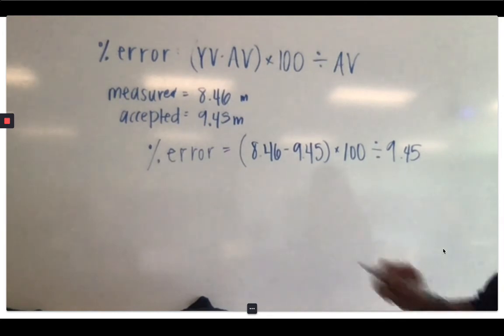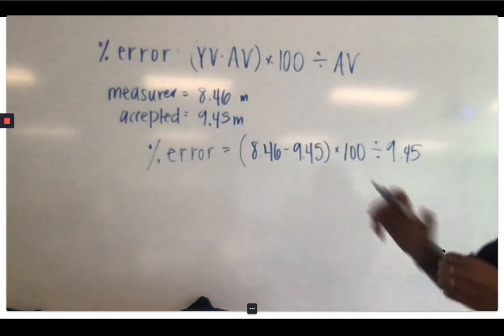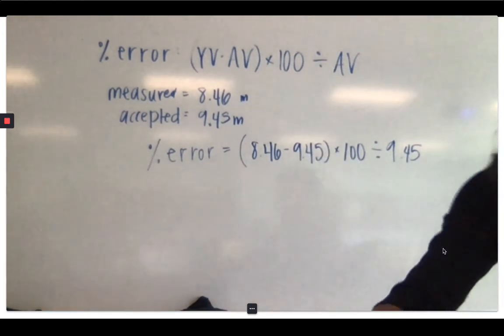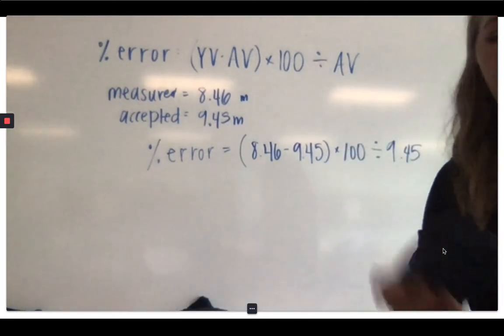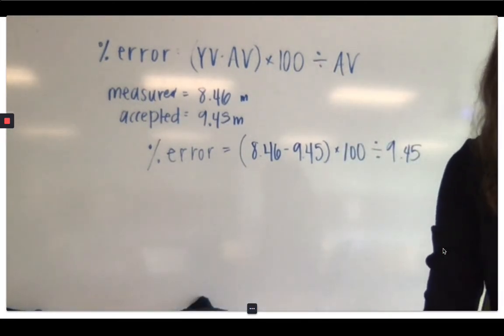So of course we're going to do the parentheses first, 8.46 minus 9.45. I don't have a calculator, so I don't know what it is. Hopefully you're solving it on your own at home.